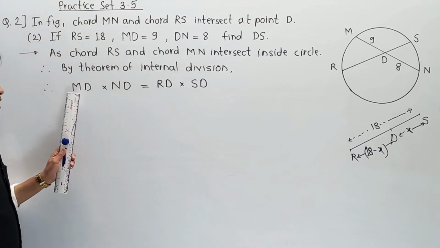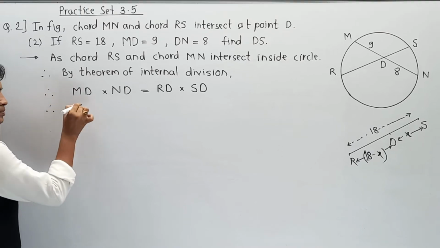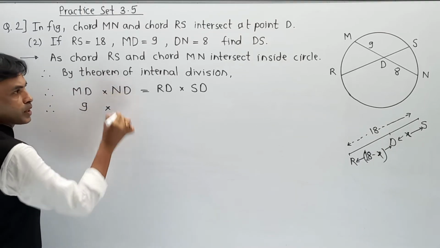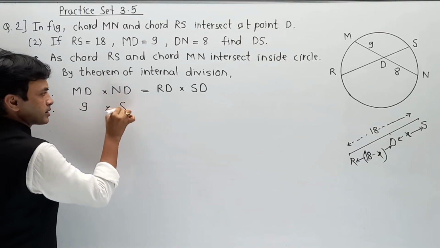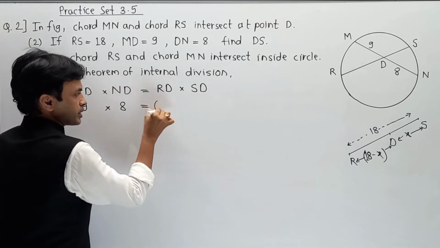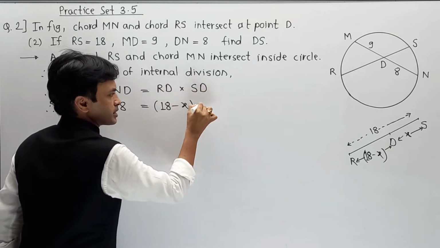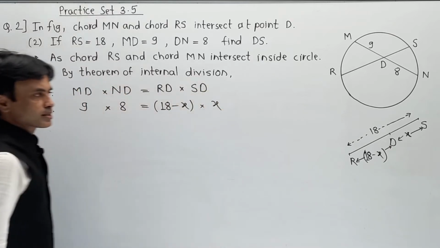Now the equation is: MD, as per the diagram, has a value of 9, into ND is 8, is equal to RD. As per RD valuation, it is 18 minus X, and SD, which we are assuming as X.